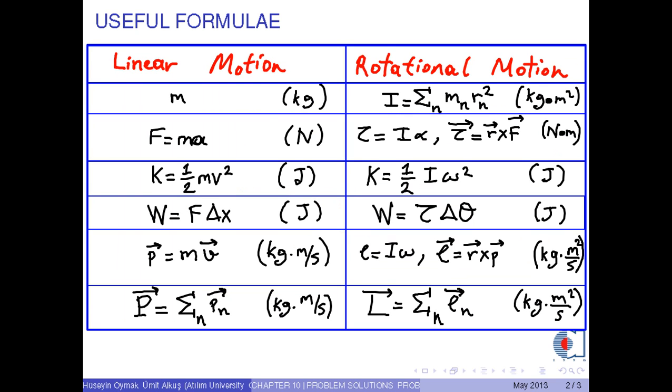First, corresponding to the mass in linear motion, we have moment of inertia shown by I in angular motion. And the Newton's second law in linear motion, shown by this formula, has this form in angular motion, where tau is torque, I is the moment of inertia, and alpha is the angular acceleration.